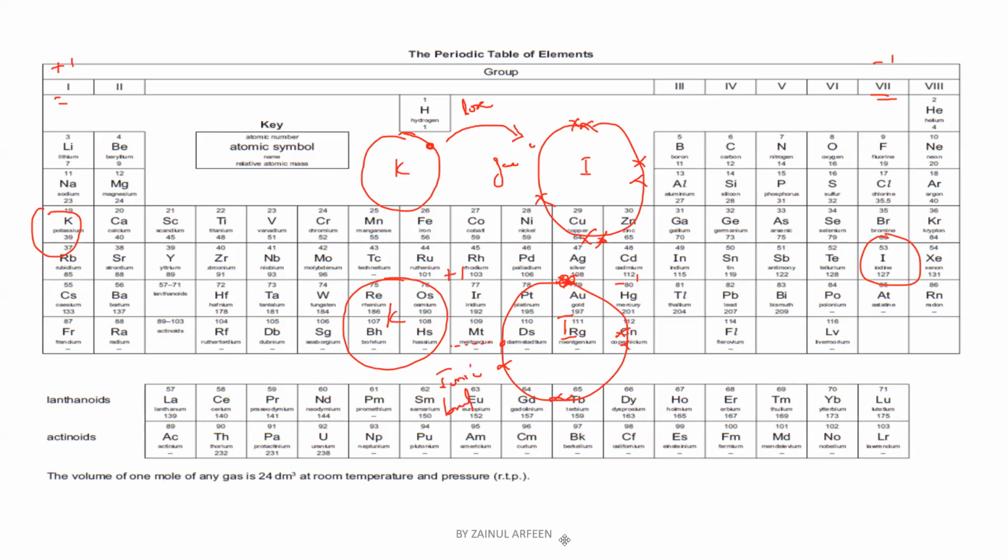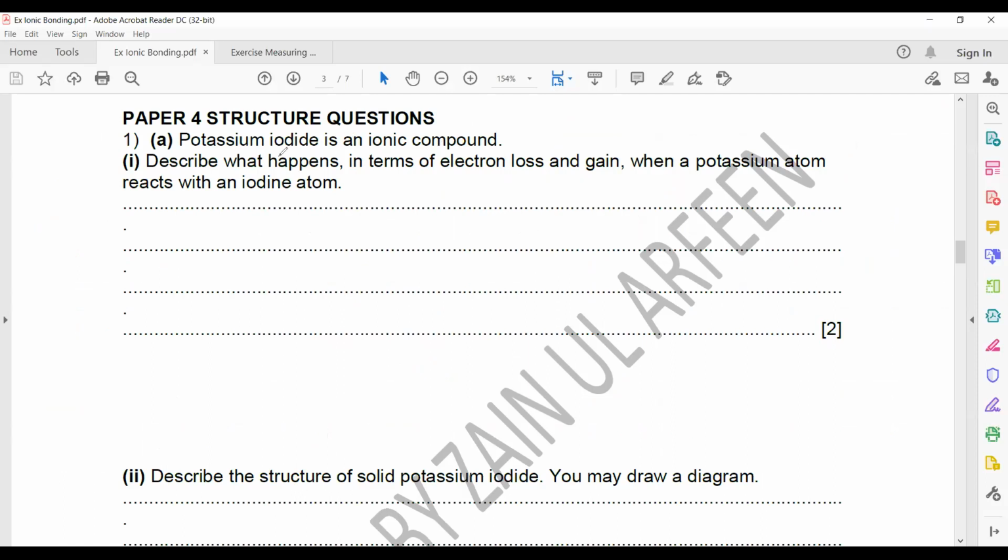So in the question they are asking, potassium iodide is an ionic compound. Describe what happened in terms of electron loss and gain when a potassium atom reacts with an iodine atom. So what happened in terms of electron loss and gain?